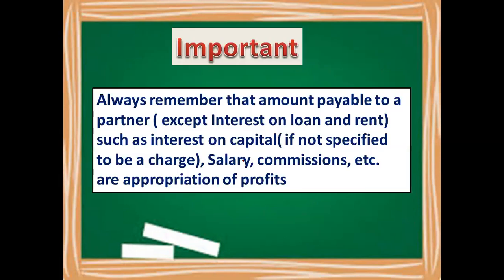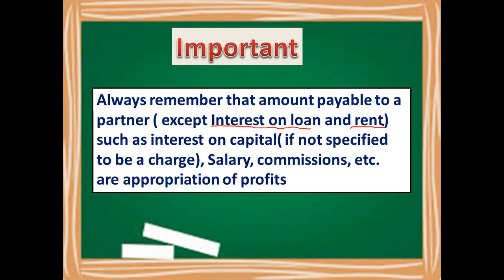In order to understand, we have one very important thing. Always remember that any amount payable to a partner, except interest on loan and rent. Whenever we are paying any amount to the partner, we are not talking about interest on loan and rent.